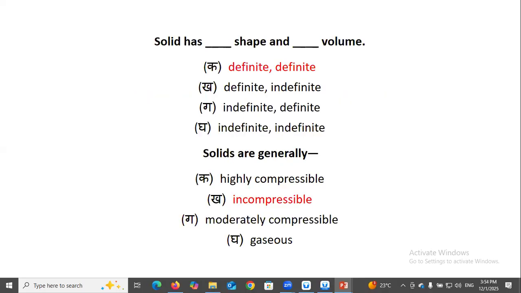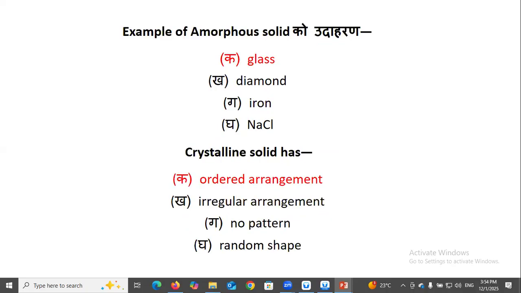Solids have definite shape, definite volume. Solids are generally incompressible. Example of amorphous solid: glass. Crystalline solid has ordered arrangement.